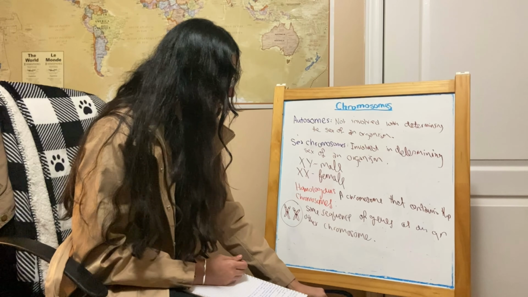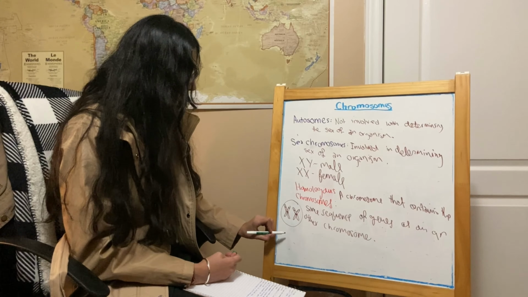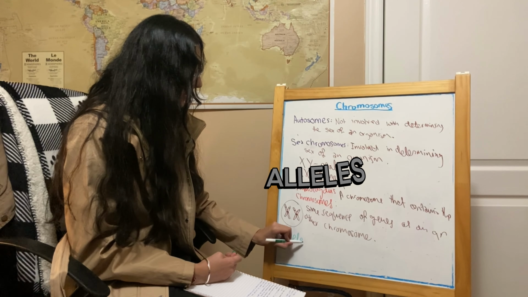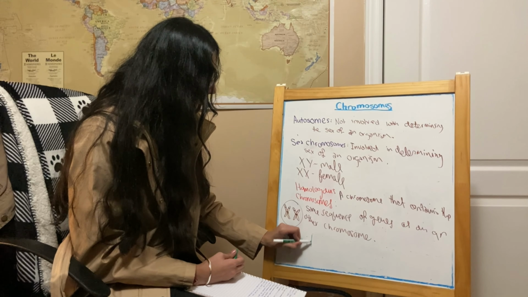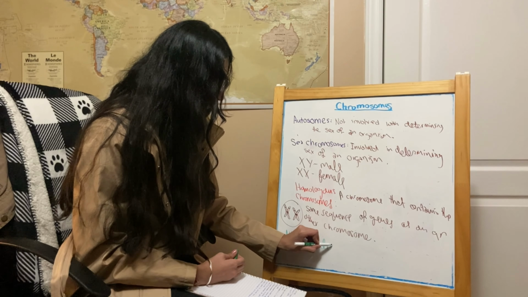Now lastly, we'll be talking about that word I mentioned earlier, allele. Allele is really important in the unit of biology as it comes up quite often. An allele is a different form or expression of the same gene.